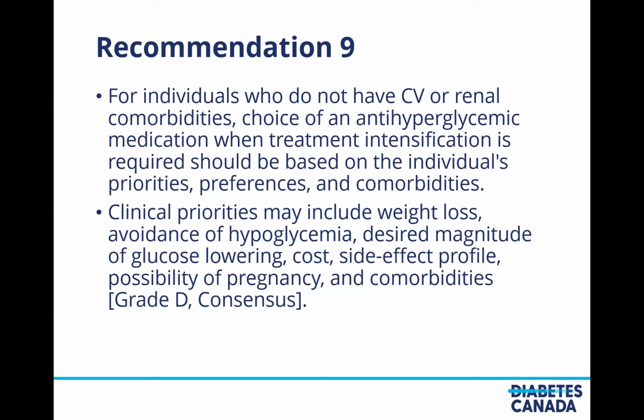Those priorities may include things like weight loss, avoidance of hypoglycemia, the desired magnitude of glucose lowering, cost, side effects, the possibility of pregnancy, and other comorbidities. In other words, for patients who do not have a specific indication for a specific medication, the choice of agent to use when intensifying therapy should be patient-centered and focused around the priorities of that specific patient.